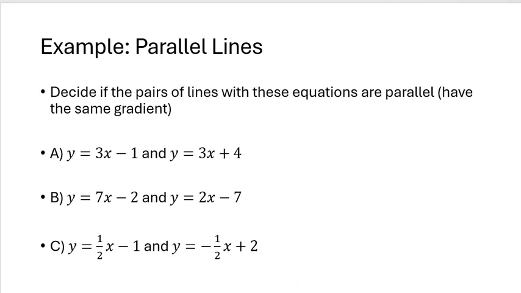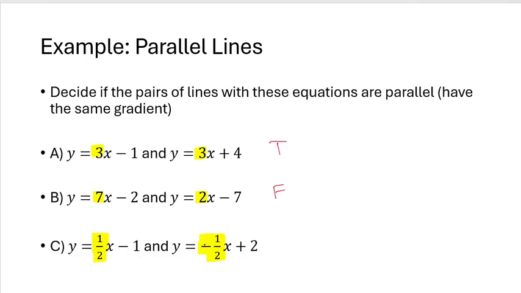Let's just go over this real quick. Decide if the pairs of lines with these equations are parallel, so they have the same gradient. So I'm just going to highlight the m values for each of them, and then just tell me if they're parallel or not, okay? So in the first one, I have here m equals 3 on both of them. That means it's true. In the second one, I have m equals 7 and m equals 2, which is not parallel.